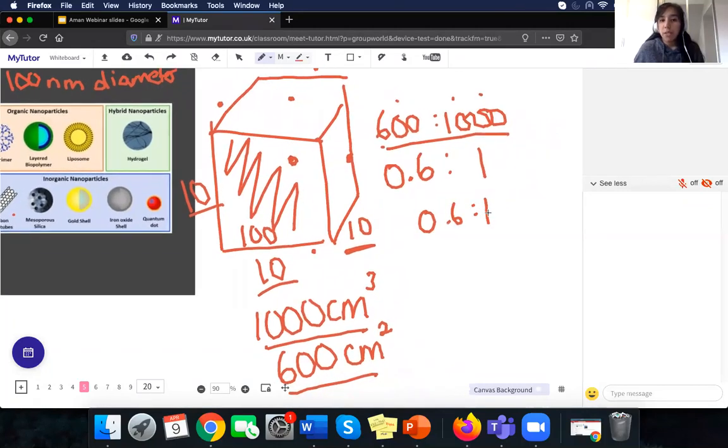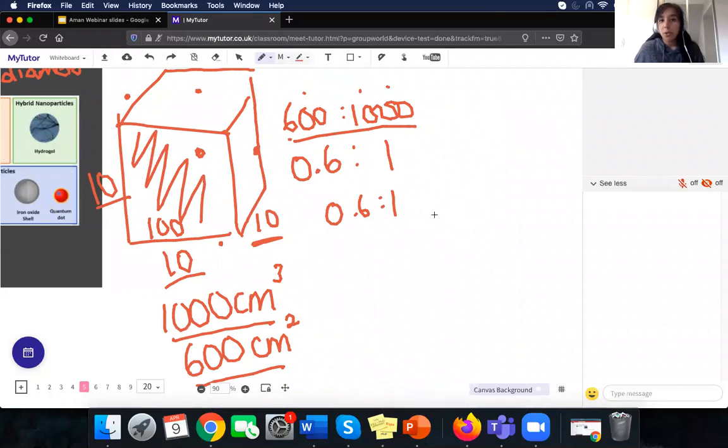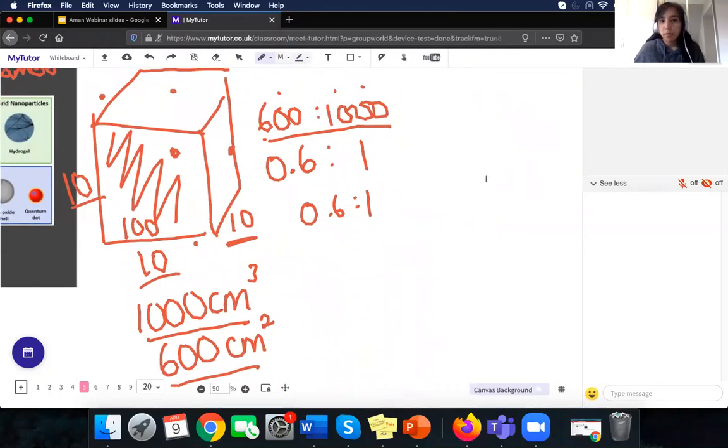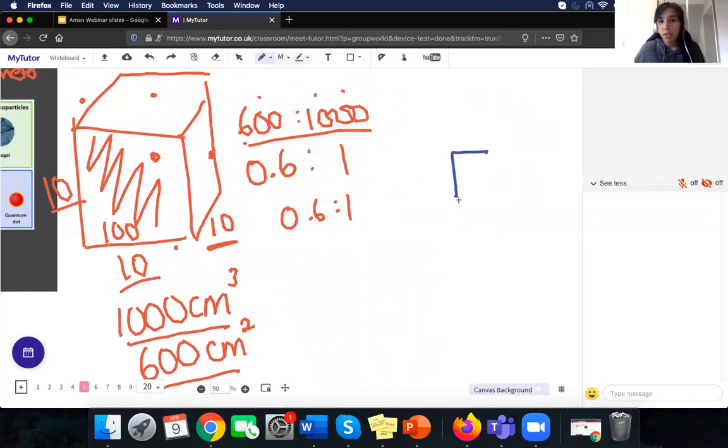So now if we take a smaller particle, because remember nanoparticles are smaller, so if we take a smaller cube, and let's just say it's 1 centimeter cube here. The volume of this cube would be 1 times 1 times 1, which is 1 centimeter cubed.